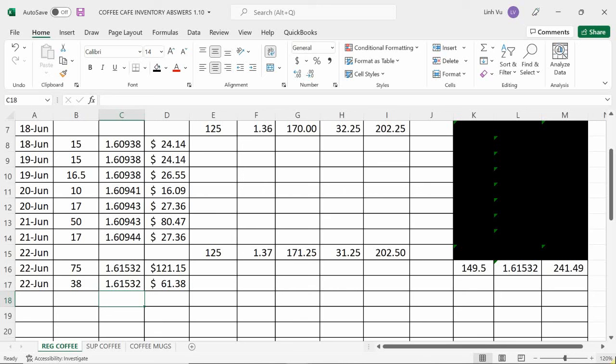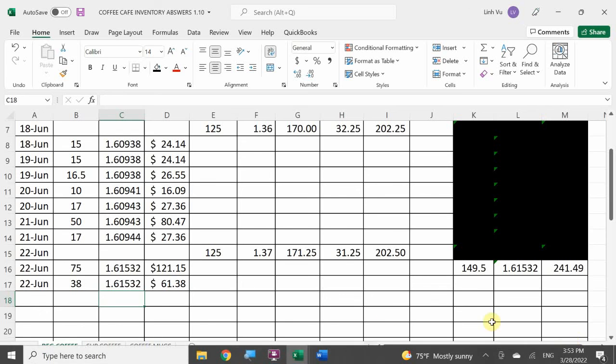Okay. 61.38. So let's update my inventory since I used 38 pounds.